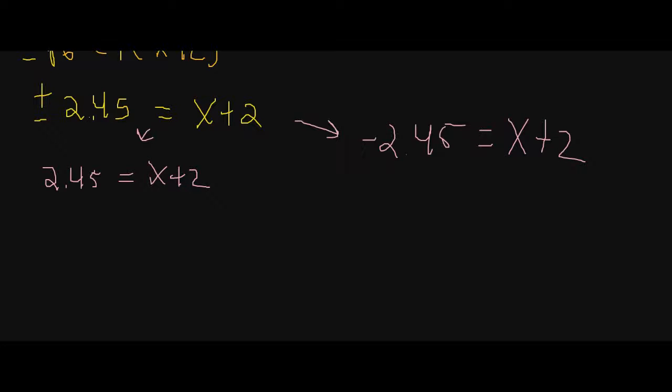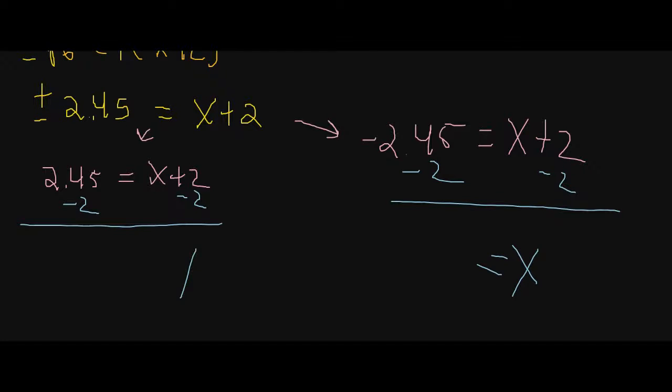What do we do to solve for x? We subtract 2 from both sides, and we get x is equal to 2.45 minus 2, which is just 0.45, and negative 2.45 minus 2, which gives me negative 4.45.